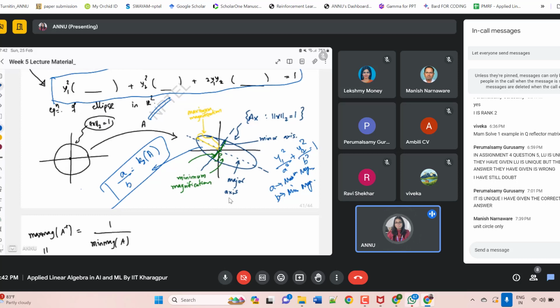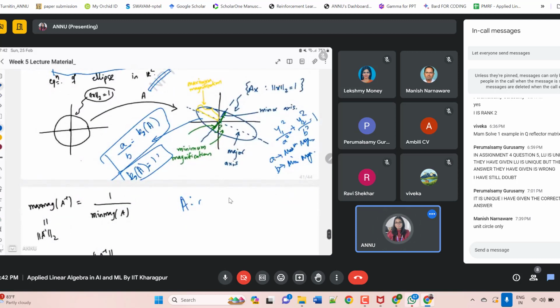Now, if you make this K2 of A as 1, then you can make sure the transformation keeps the circle a circle. It is preserving the property. So how will it transform? The A matrix in that case should be orthogonal.